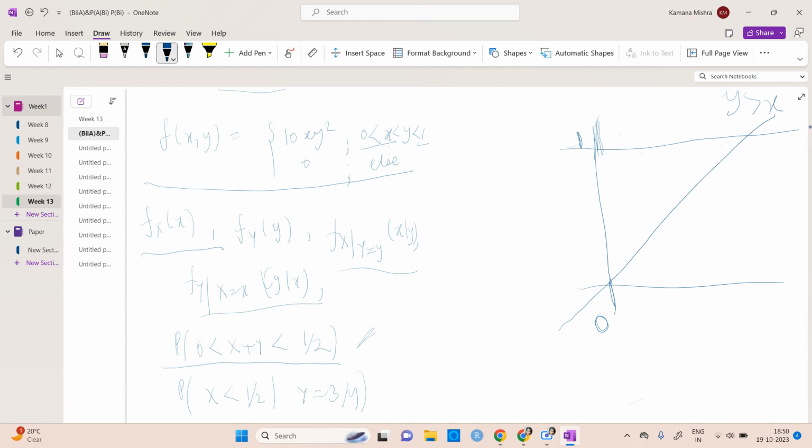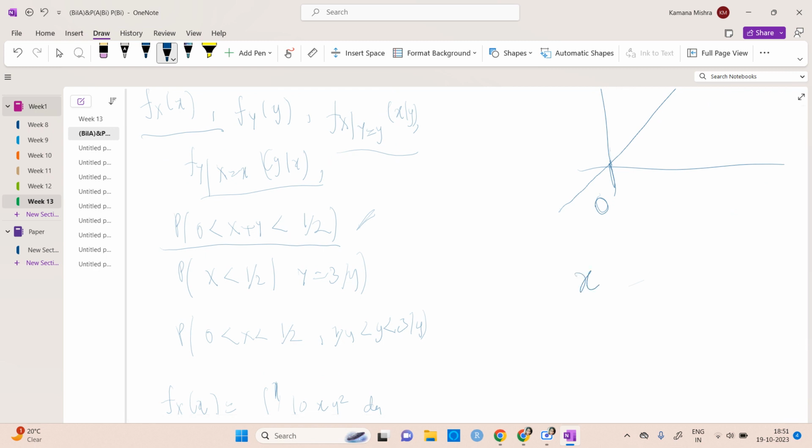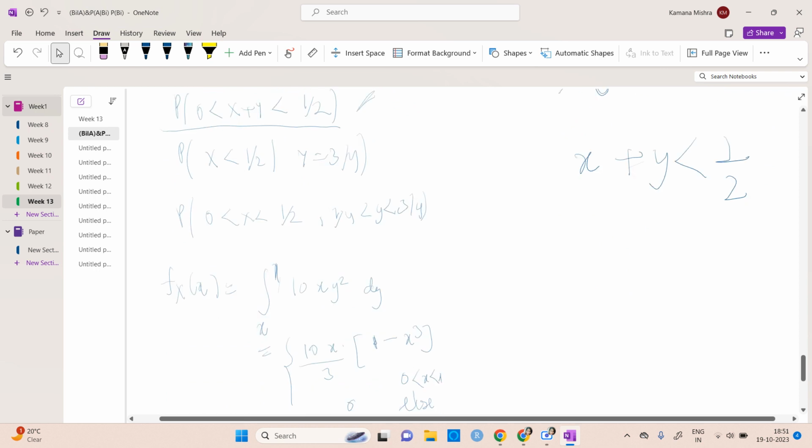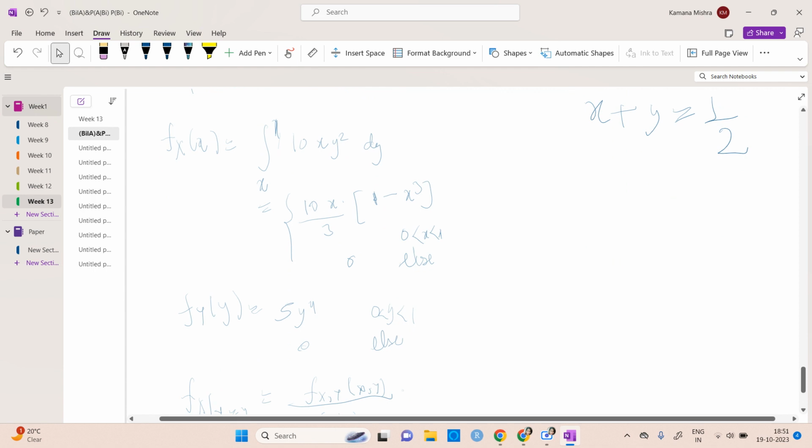So x is 0, and then y is at its maximum, and this one is also 1, right? Now we want to find x plus y less than 1 by 2. In the class I have also told you how we find this. Firstly, you convert this inequality into an equation. To draw this equation, the best form is always the intercept form.